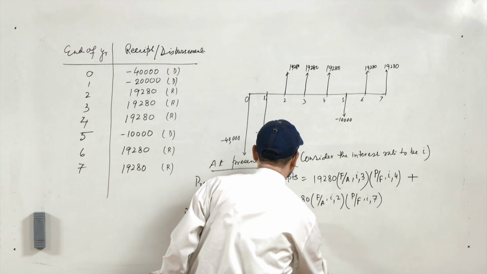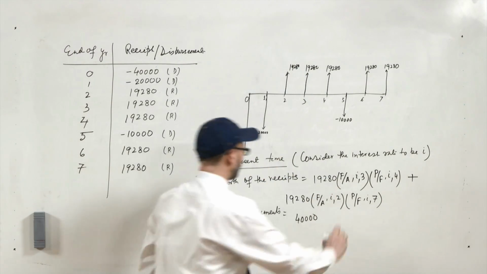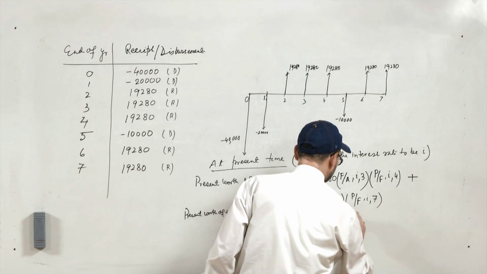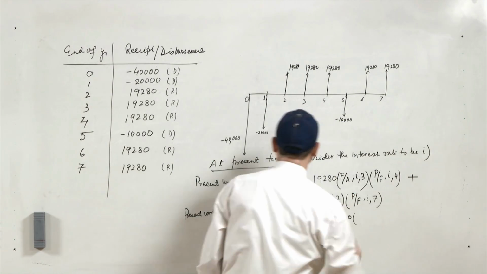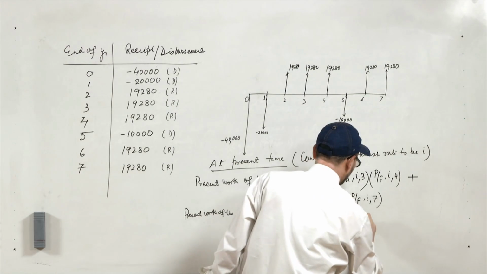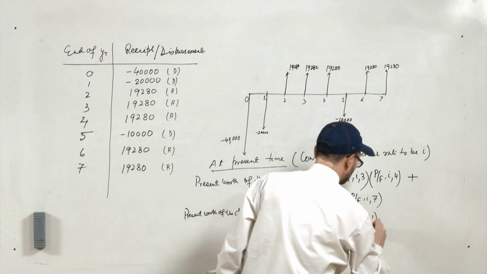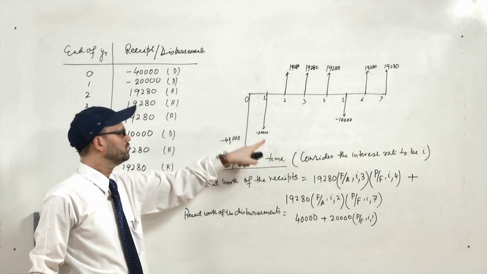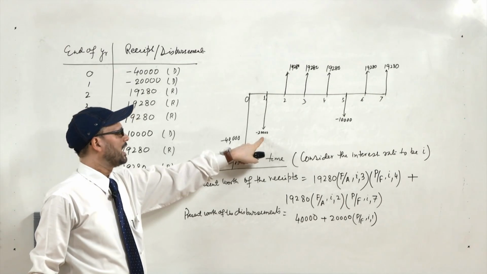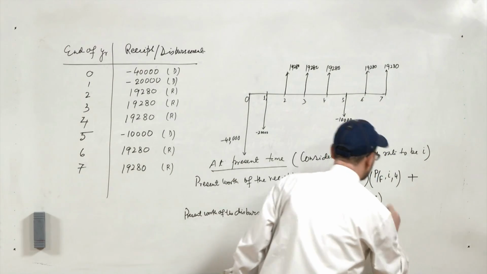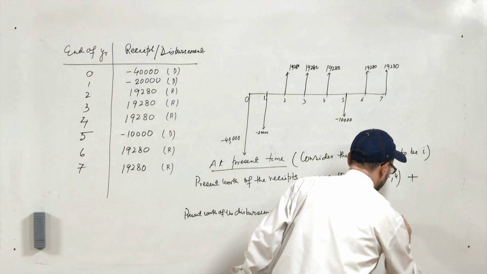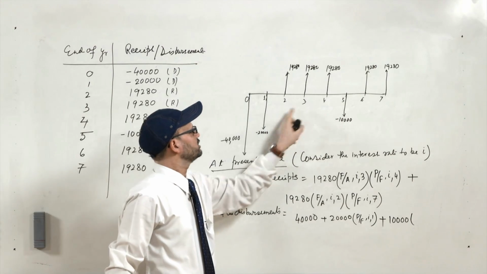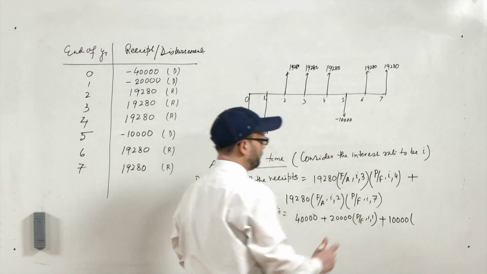So, you have 40,000 plus 20,000 multiplied by P by F, I, 1, because you are using a future time and you are converting to the present time. So, you will use this factor P by F, I, 1, plus 10,000 multiplied by P by F, I, 5, since 5 interest periods are there.